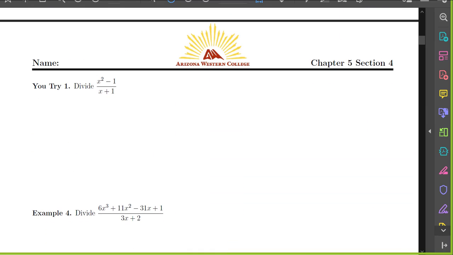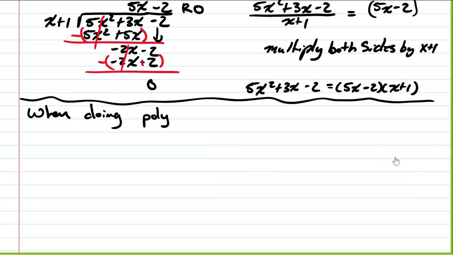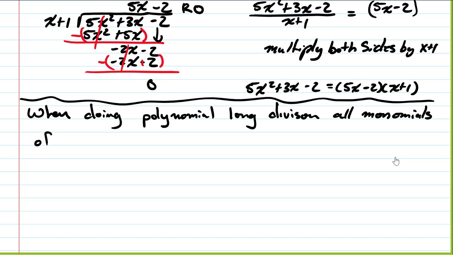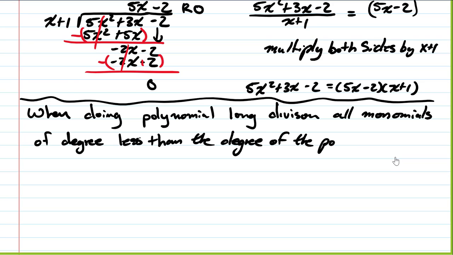So it is now your turn. But when doing polynomial long division, all monomials of degree less than the polynomial must be represented.